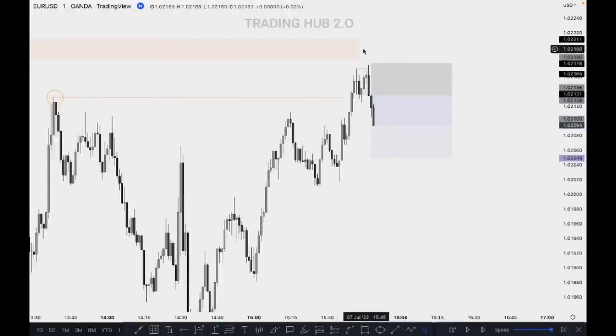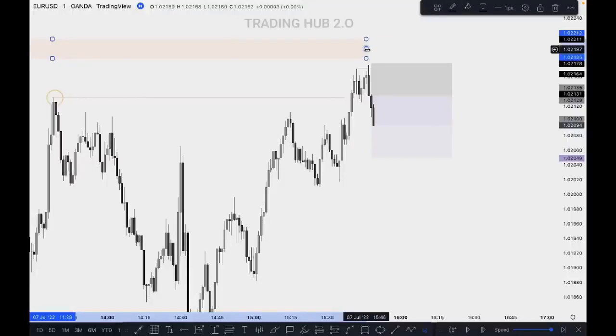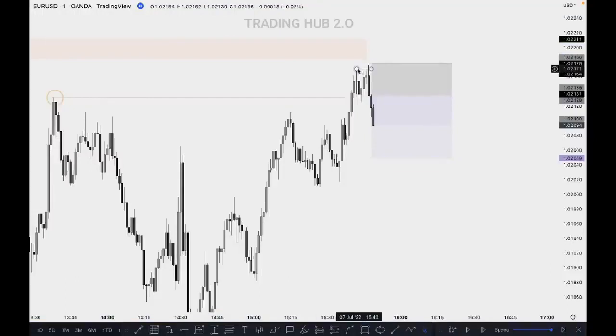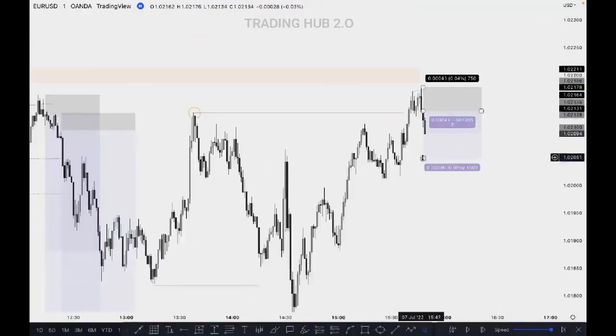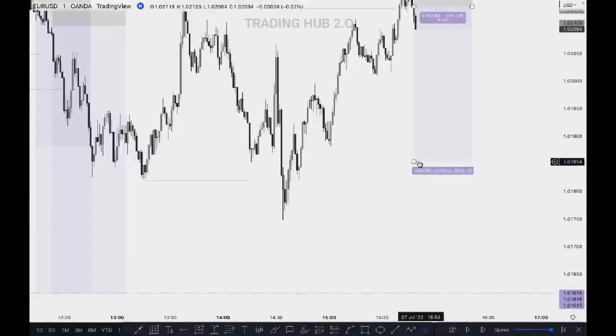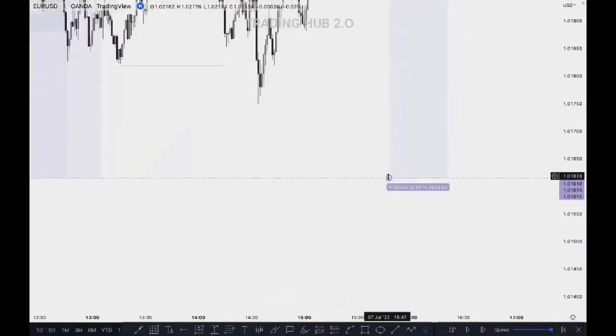In this case, it doesn't matter if the supply is tapped or not. When the market taps the supply, then you have to apply entry type 1. So in this case we are applying entry type 3 because the market swept the previous candle high. So this is our next entry and target is here.